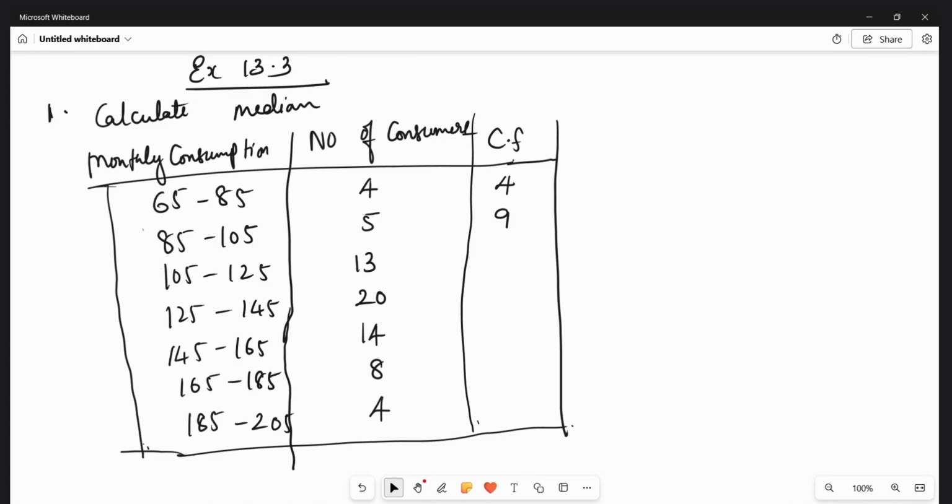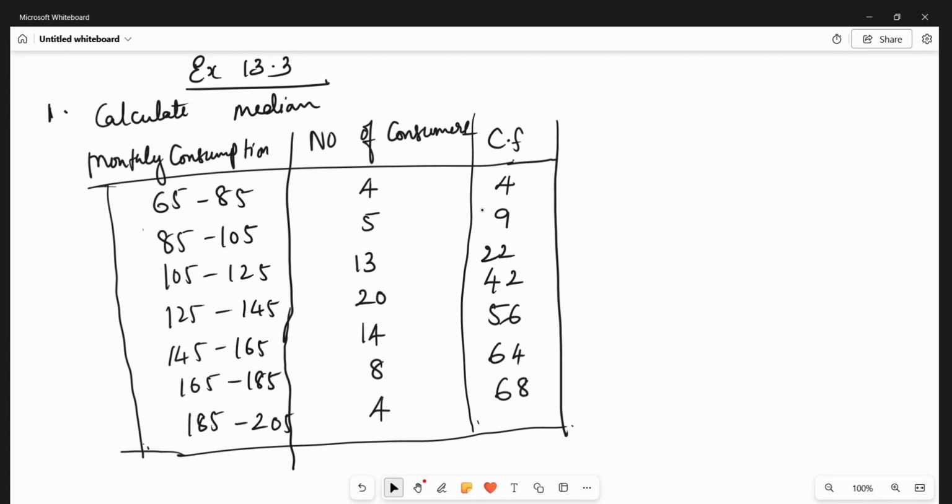Tell me the CF values here. 4, 9, 9 plus 13, 22, 22 plus 20, 42, plus 14, 56, plus 8, 64, 64 plus 4, 68.